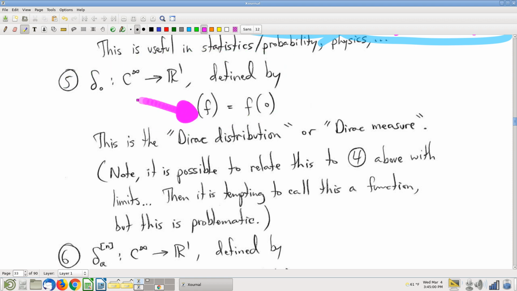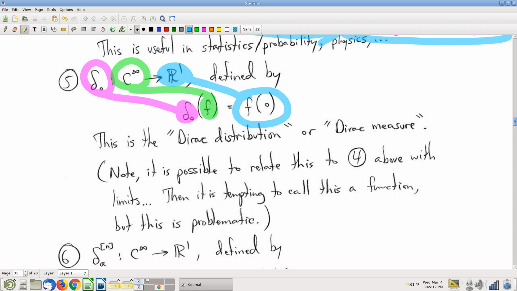This delta naught, if you give me a function, smooth, whatever, it doesn't matter, then the real number value of delta naught at that function is computed per that formula. And this is a really easy formula. The way you compute this is just plug in x equals 0. Whatever f is, just plug in x equals 0. That's the value that the Dirac distribution gives for that function.